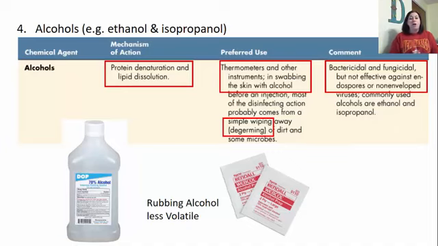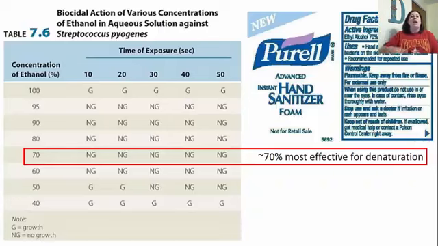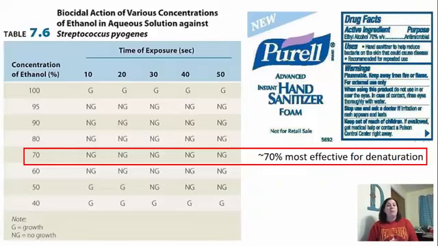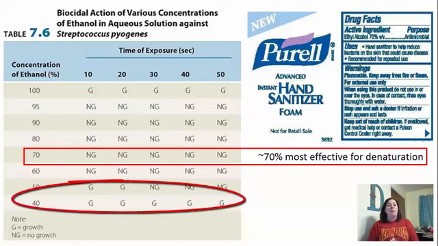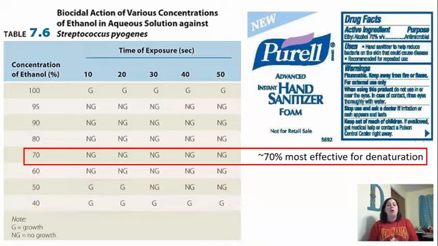This is rubbing alcohol. This is less volatile than just normal alcohol, and this is why they have a different percentage to them. Now, these percentages are kind of important because we find that if the percentage is too low, like 40 or even 50%, we see that the growth still happens with a lot of these types of bacteria. No growth starts to happen at 50% if it's been left on for 30 seconds or longer.